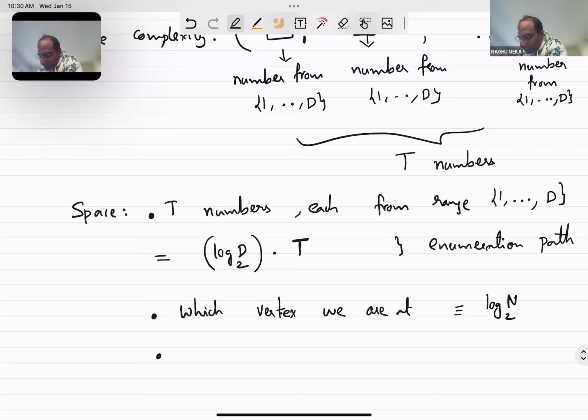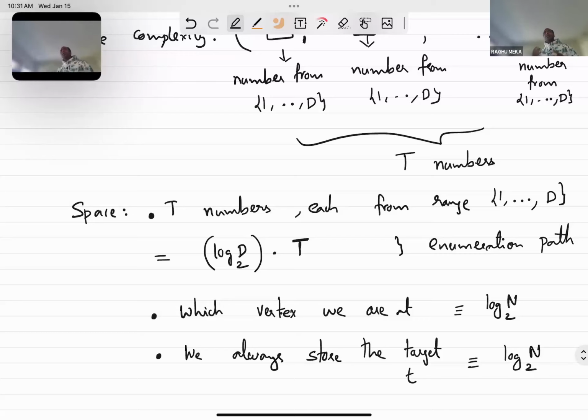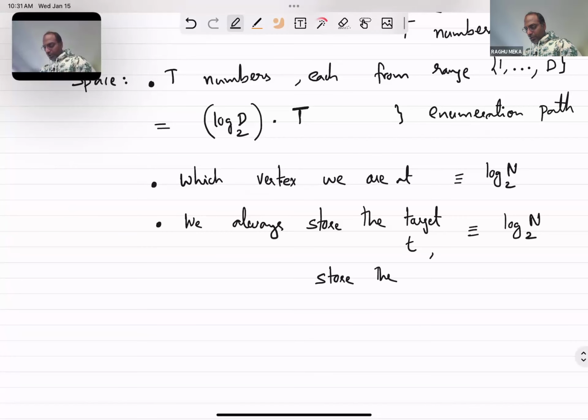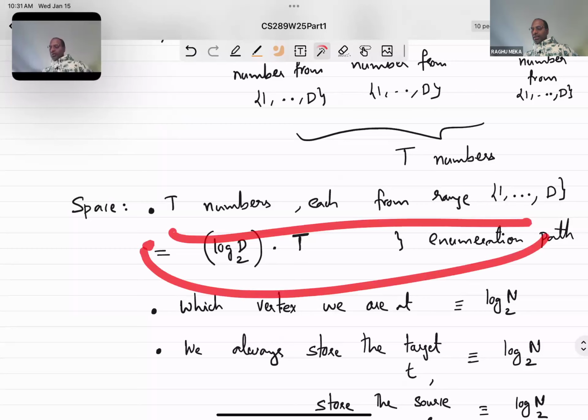And then we always keep track of the target t, because you want to compare, am I at the target already? And so on. You always store the target and the source, because once you finish this and you don't reach the target, you have to reset and start again.